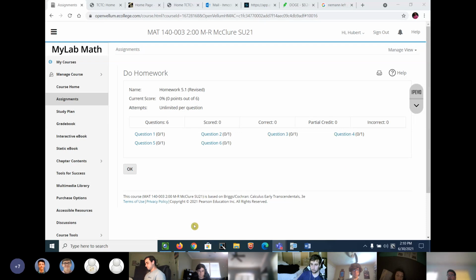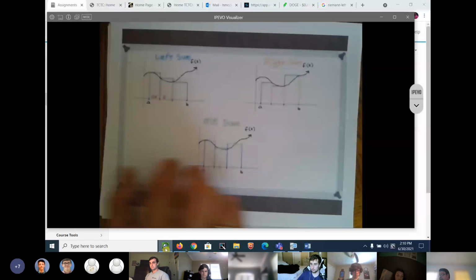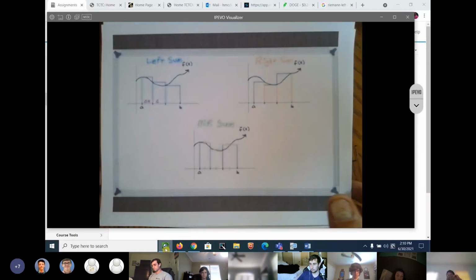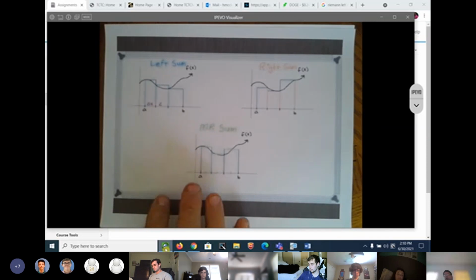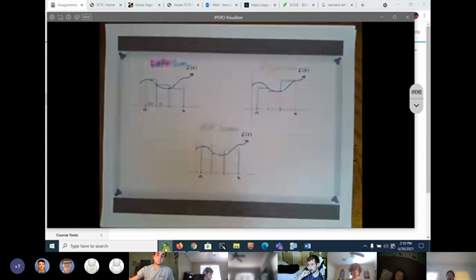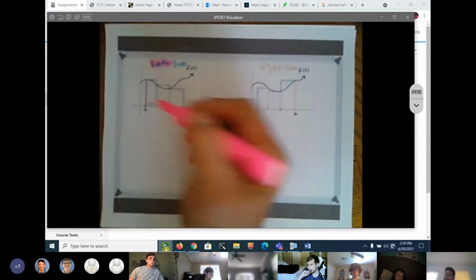So here is what I sent you, and it's not a real good picture, but it's better than nothing. And when you see the homework refer to left and right and midpoint, I'm going to highlight: left means that your point is going to hit on the left.